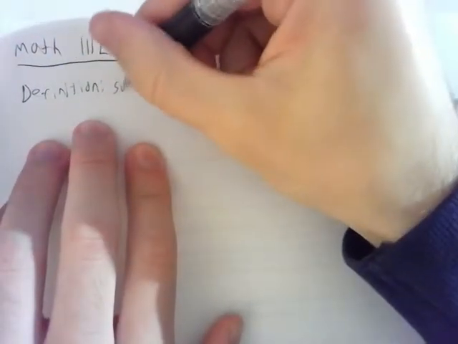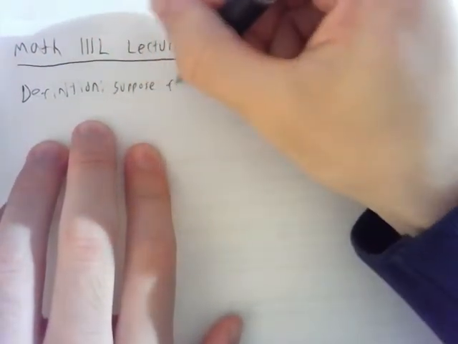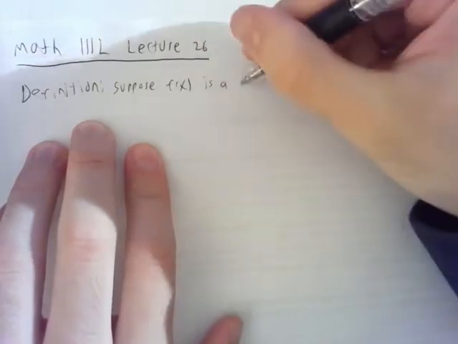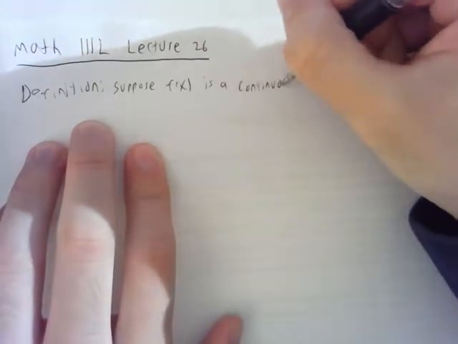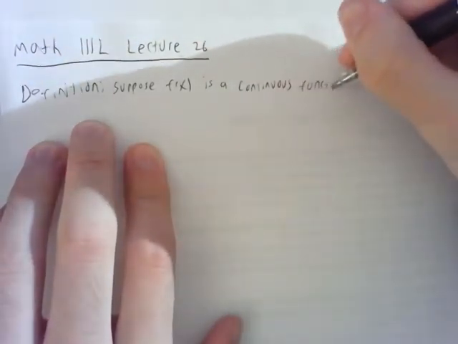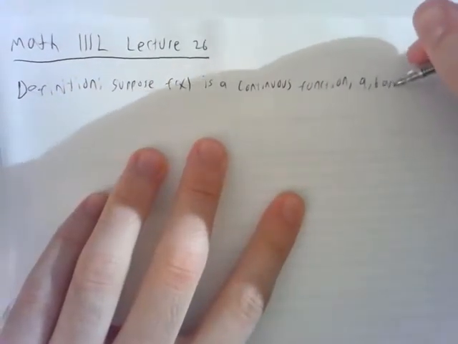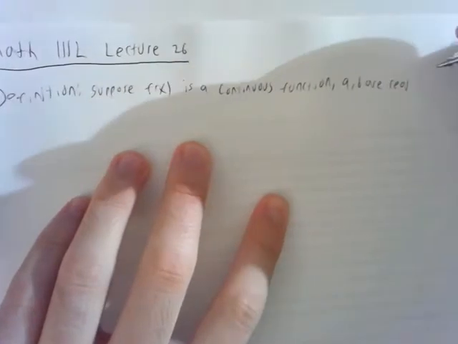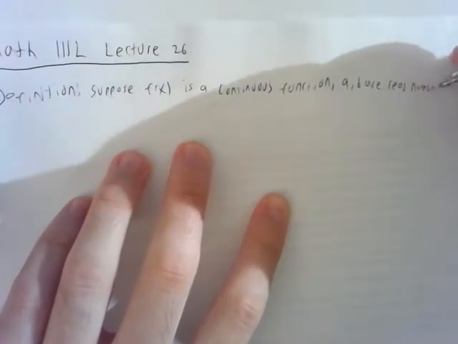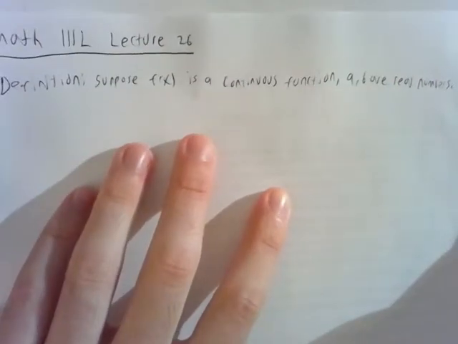So let's suppose f of x is a continuous function, and a and b are real numbers. So these are just some constants.